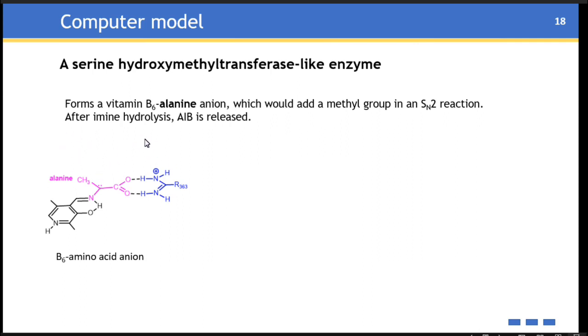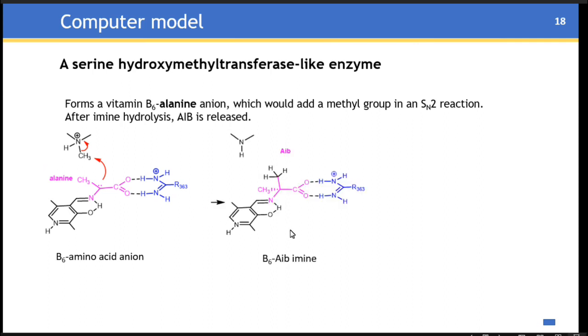The base in these enzymes is on this upper surface right here. And that then, like I said, would react with this N-methyl donor to give the AIB imine, hydrolyzed in the same fashion to give the free AIB.